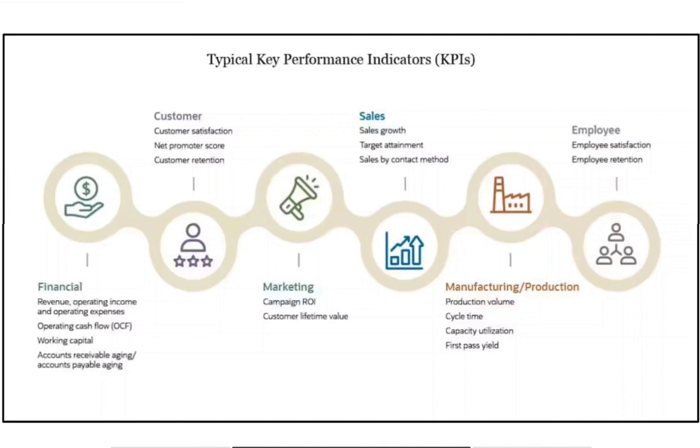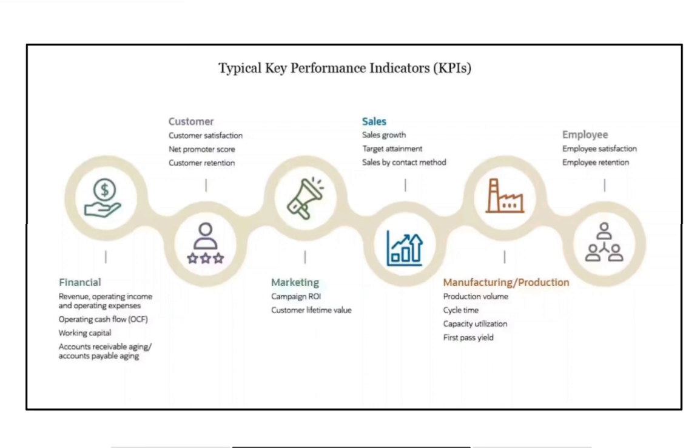So we will tackle first the financial. For the financial, we have here the revenue, operating income, and operating expenses. We could have the accounts payable and receivable, or the overall company financial health in terms of profit, cash flow, and liquidity, or money flow of transaction.